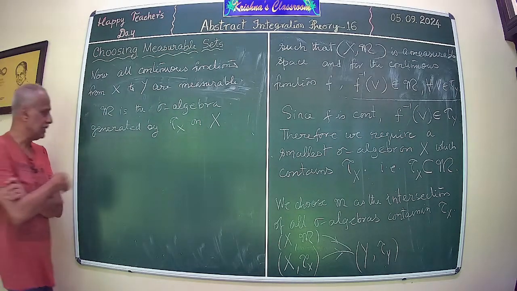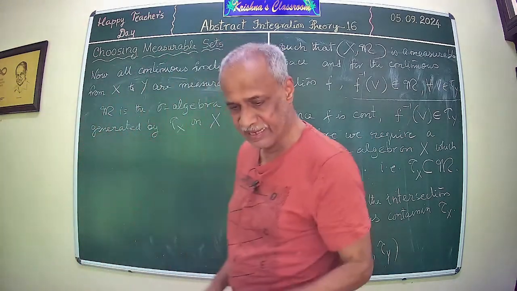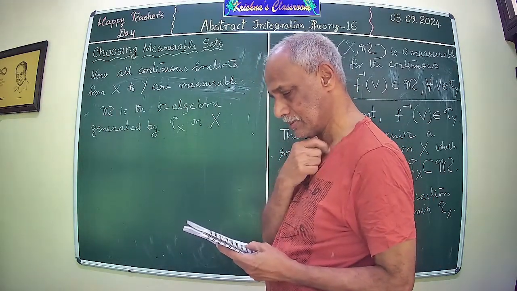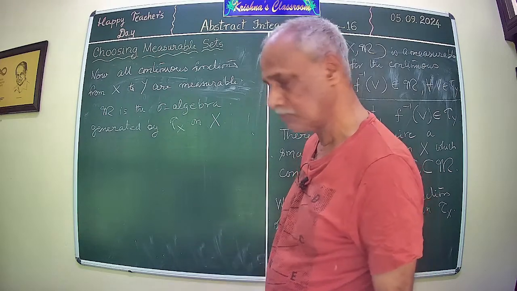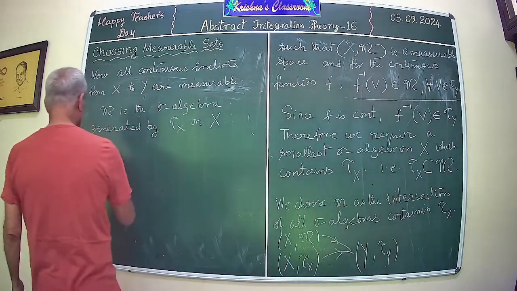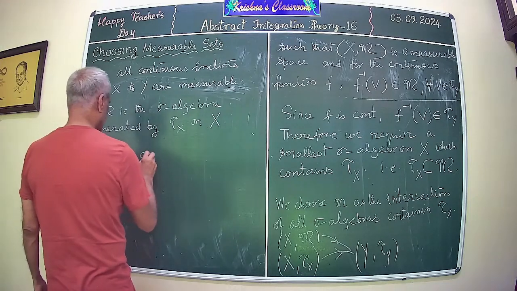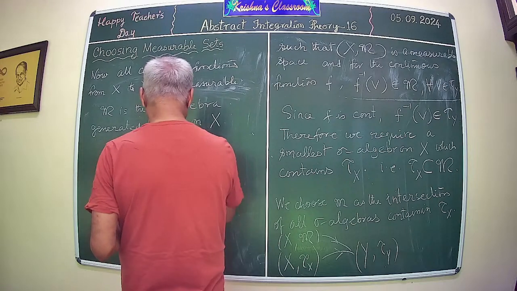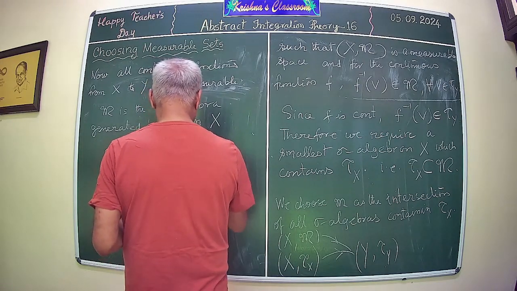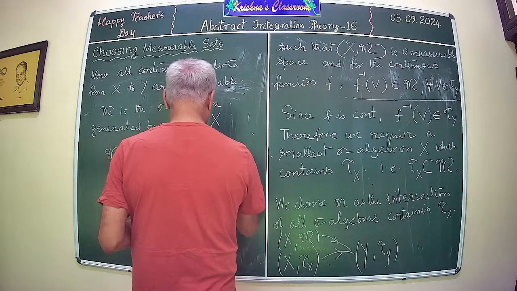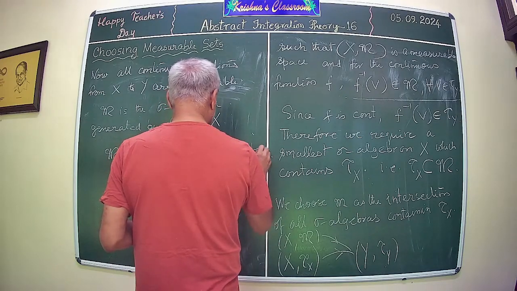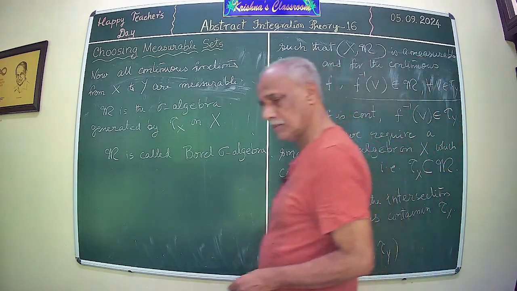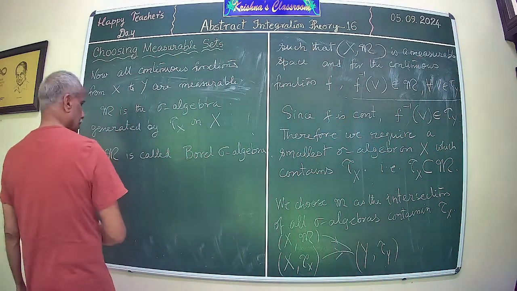Okay. Now this collection is given a name. These are called Borel sets. Borel sigma algebra.